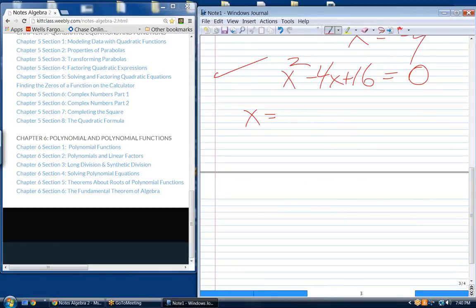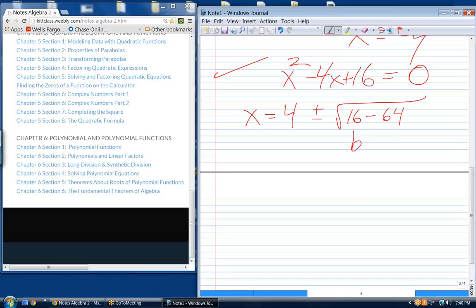Got x equals 4 plus or minus the square root of negative 12 all over 2. Where are you getting negative 12? Oh, you've already squared 4. Minus 16. Minus 4ac looks like it would be minus 64. Right?